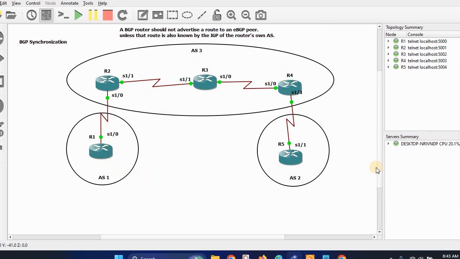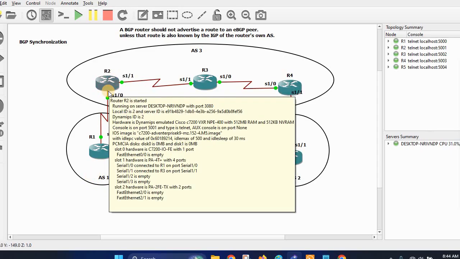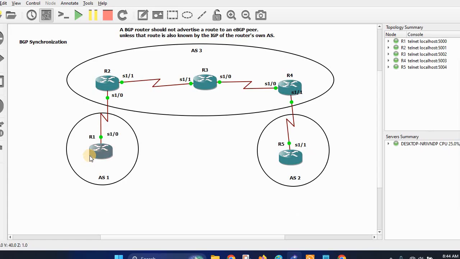So we have done multiple steps. Again I will explain what we did. First we checked the update after disabling synchronization, and R1 did not receive any update from R2.